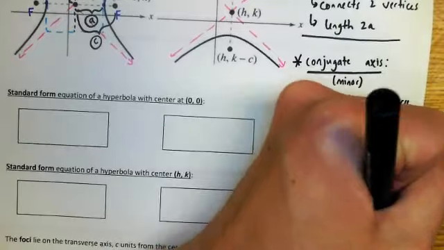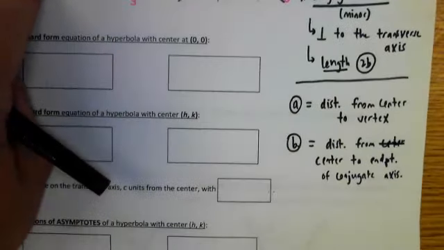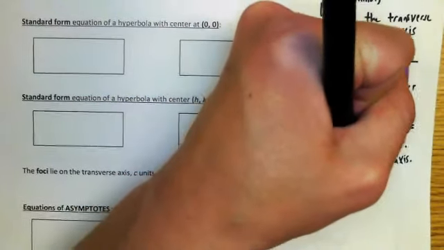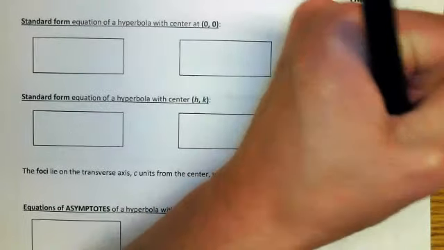Does that sound okay? So center to endpoint of conjugate, just like we labeled it on your diagram. And C is distance from center to focus.